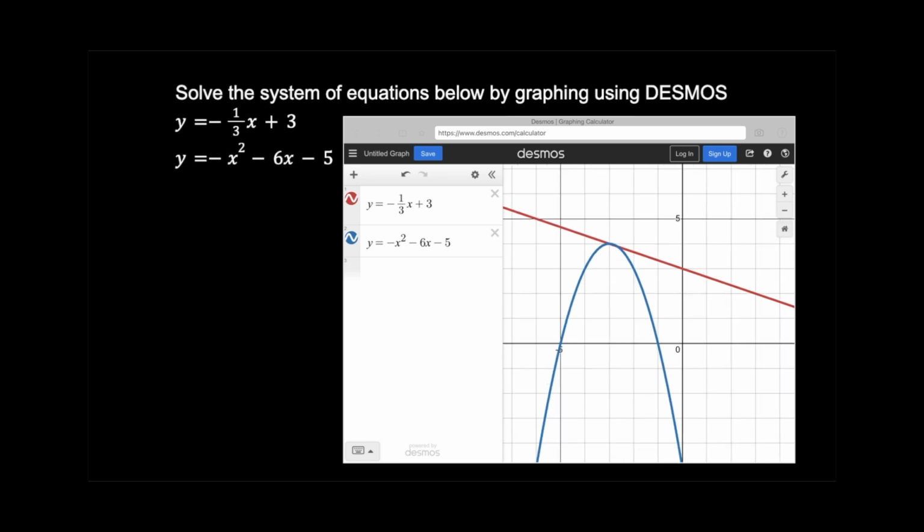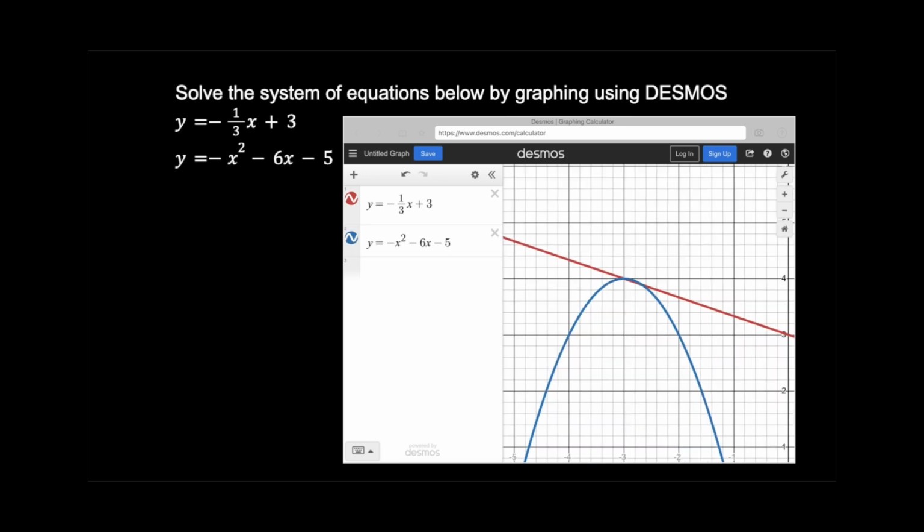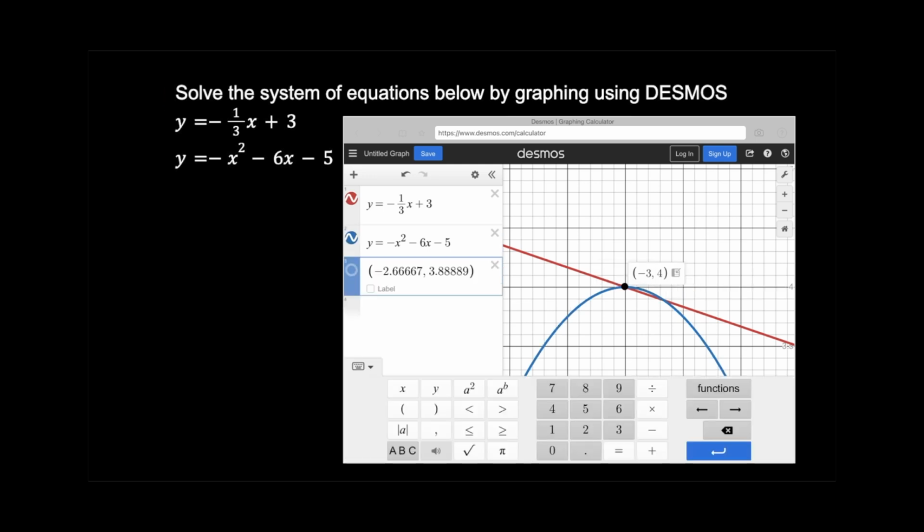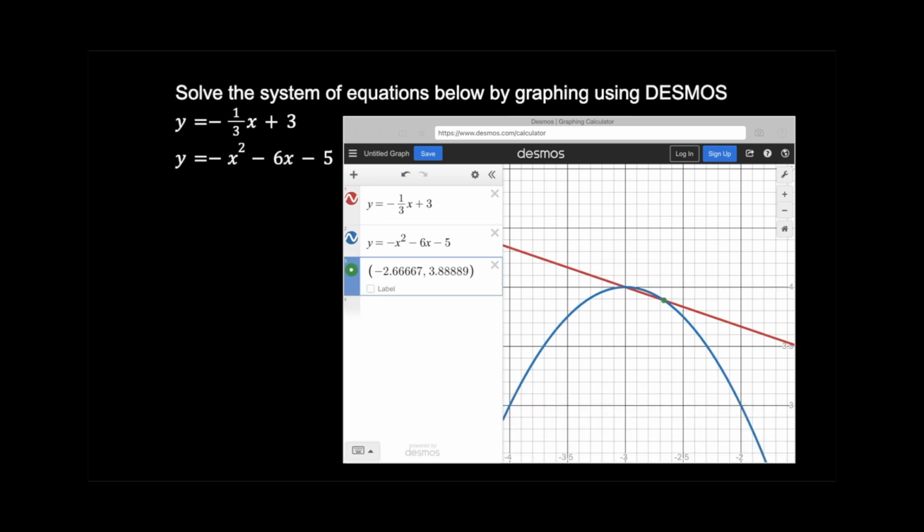So we can see it right there. Just zooming in to make it a little easier. So these are not pretty answers. Cool, that's a new feature since I last did this. But those are the two answers.